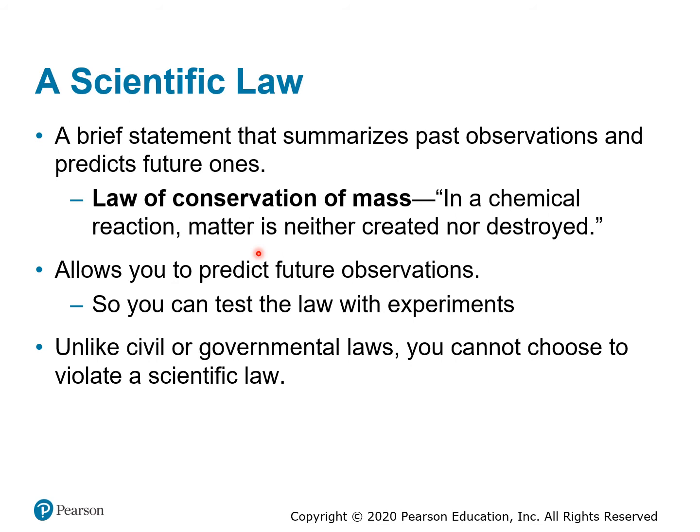So the mass is conserved; it remains the same. It allows you to predict future observations, so you can test the law again with experimentation. You can go back to the schematic, or the flow chart, that I showed you to verify these statements about each term that we are learning.